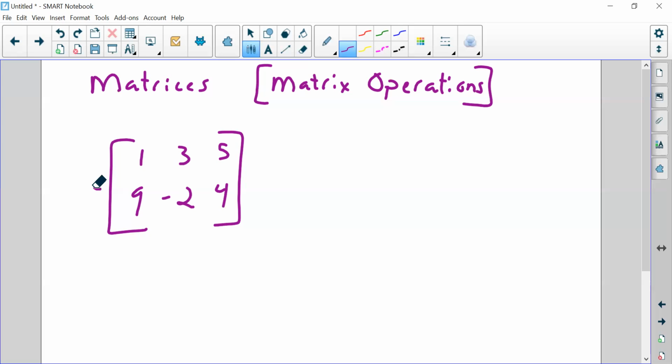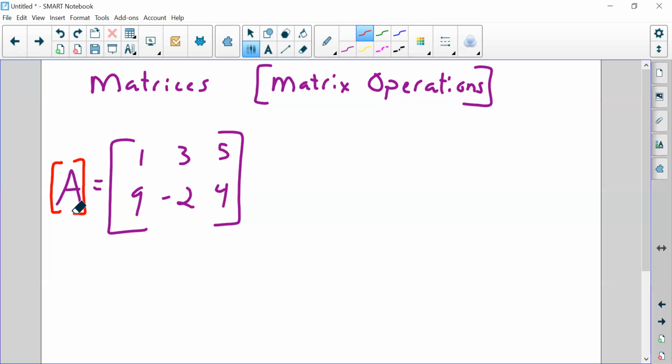So you'll often see this is equal to matrix A. Sometimes, and this is how a lot of things do it, you will also see this notation, bracket A, matrix A. So matrix A, or just a capital letter A, means the same thing. They both represent that matrix A there.